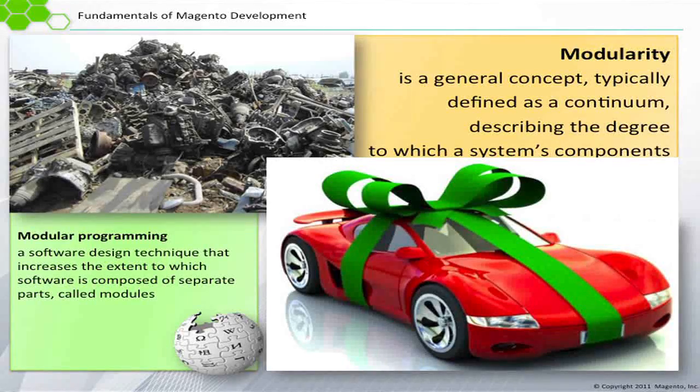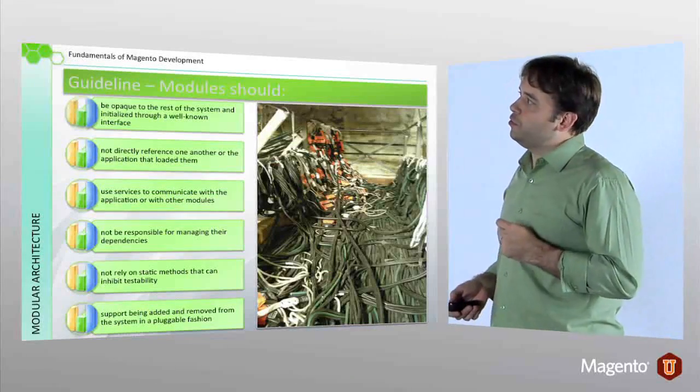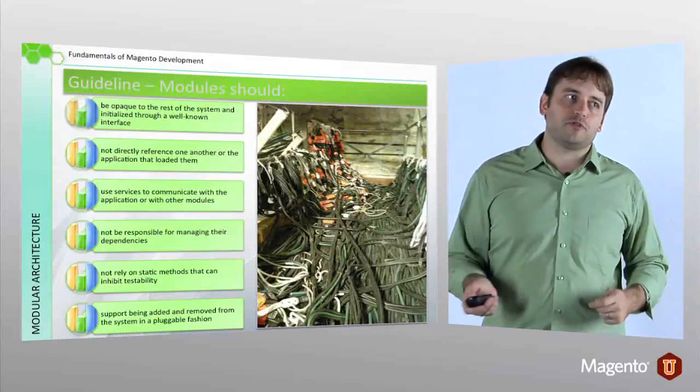All right, let's talk about module guidelines. Some of you who are familiar with other modular-based systems are going to be able to recognize some of these. But you should always consider these, and these are very important to remember when you are making your own module.